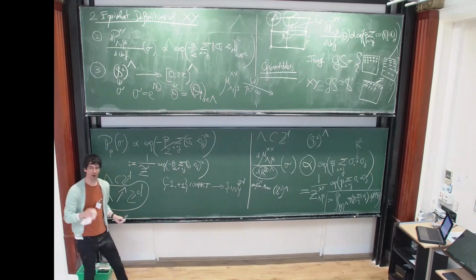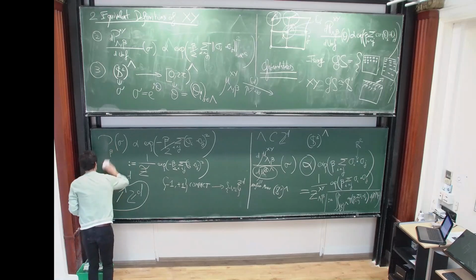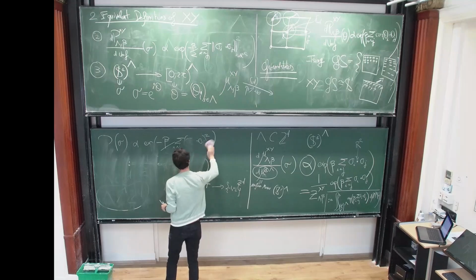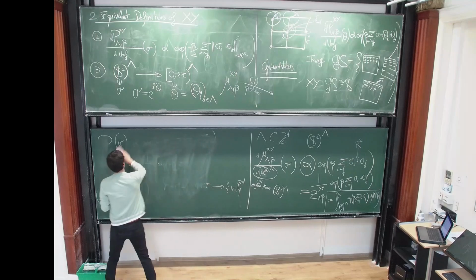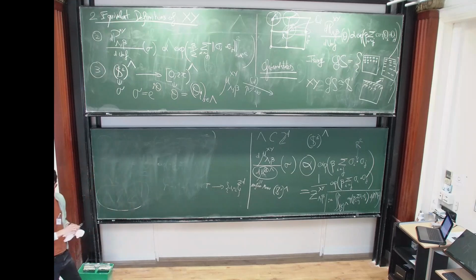Since you said ON valued, I will take the opportunity to make two comments. So for the spin ON model, ON stands for the symmetry, not the target space, but I can also make an ON valued spin system, which in fact I will use later.